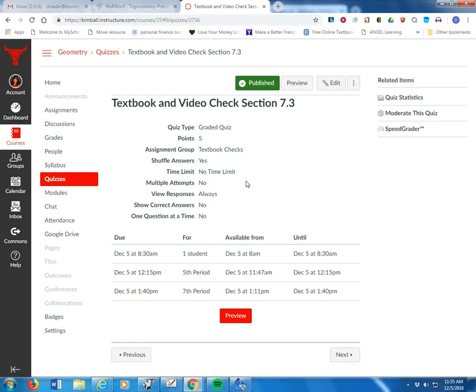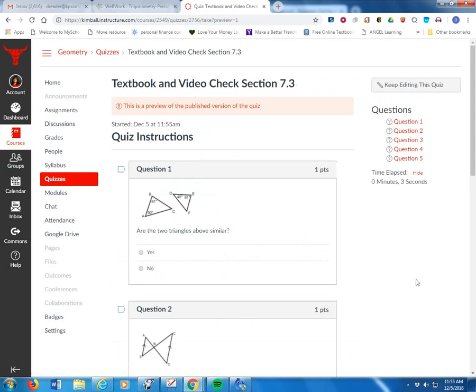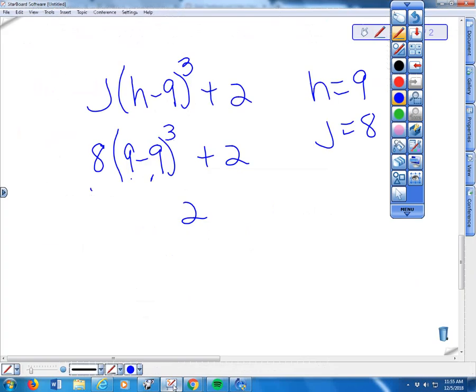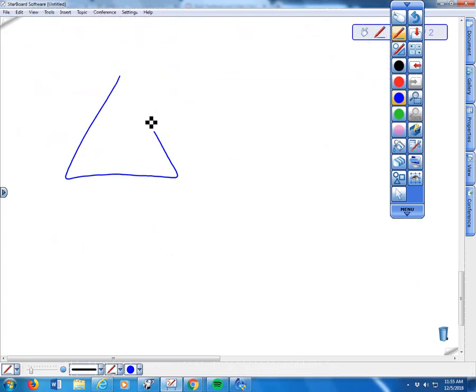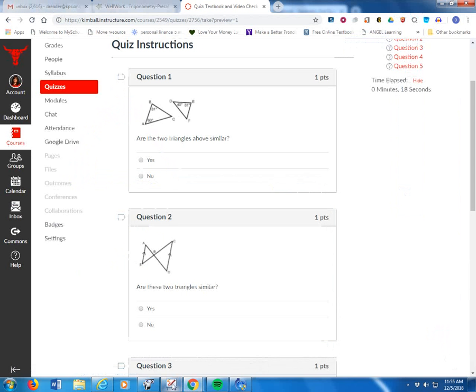Okay, so on the first question here, it asks if these two triangles are similar, and it's hard to read the numbers, so I'll just draw them. I think it's 81 and 60 for one of them. And the other is 40 and 81.